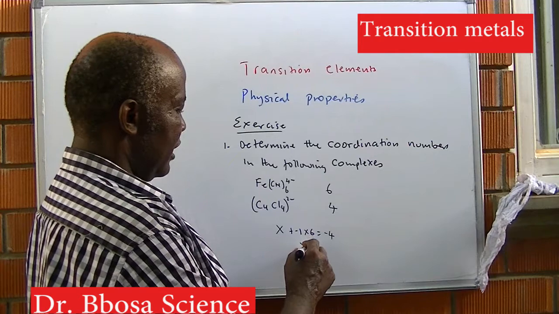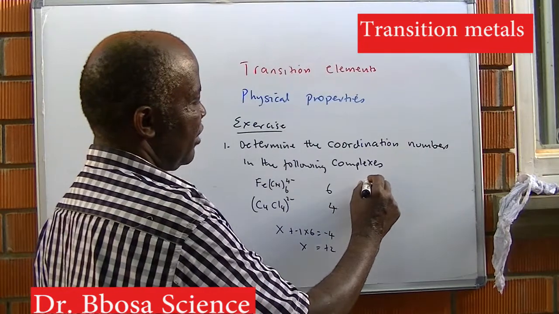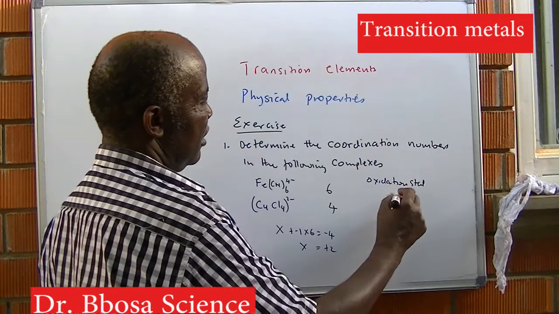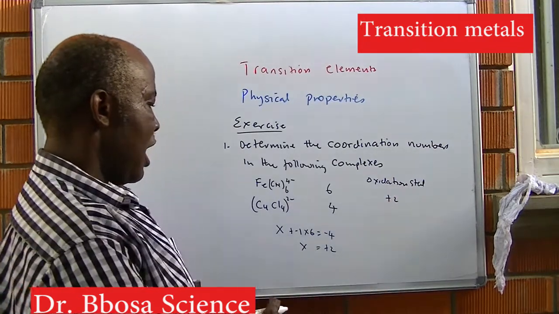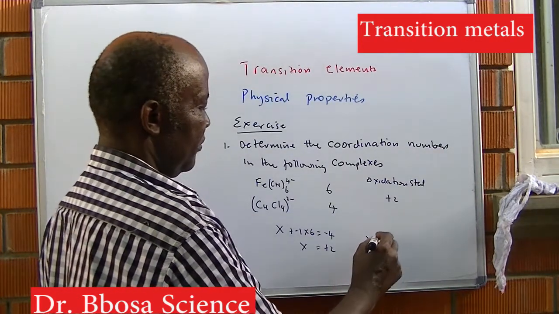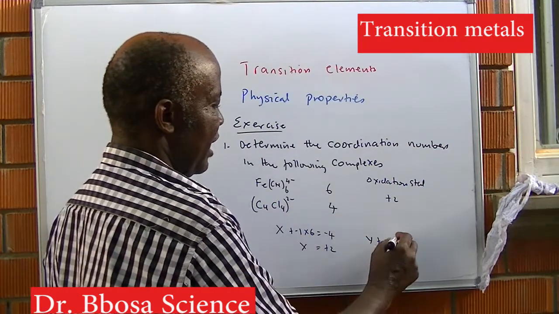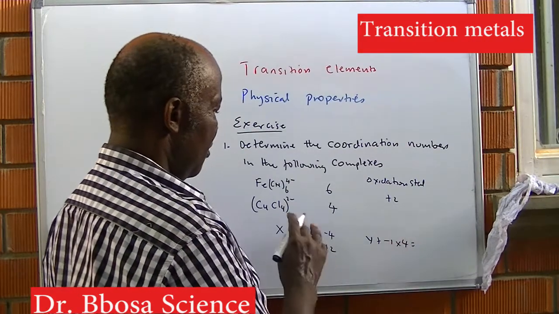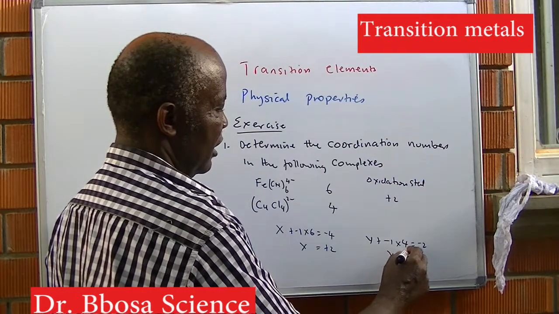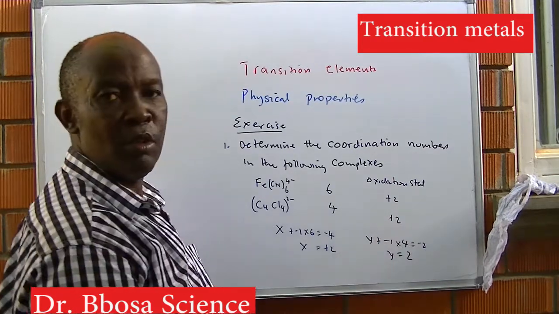It means that X is equal to +2. So the oxidation state here is +2. And if you are asked the oxidation state of copper, you can also call it Y. Oxidation state of each chlorine ion is -1. Therefore the overall charge is -2, so we can say that Y is equal to +2. So the oxidation state of copper here is +2.